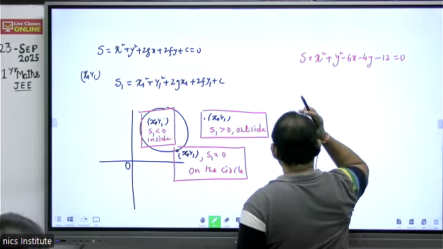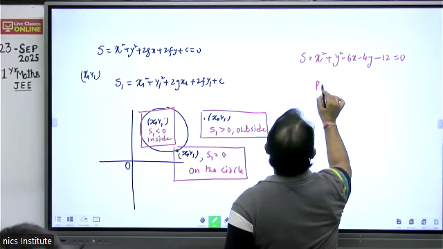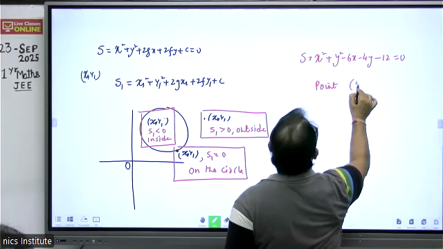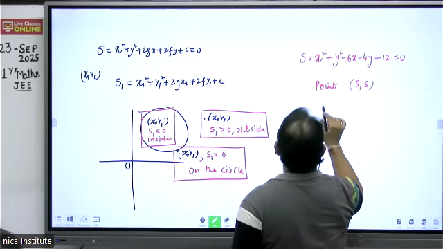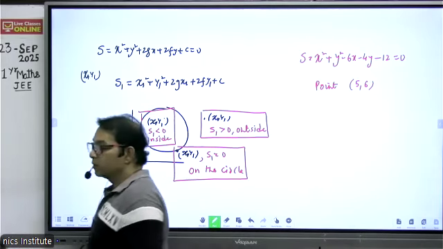Suppose we have a circle like this, and the point is (5, 6). Can you locate the position of the point with respect to the circle?